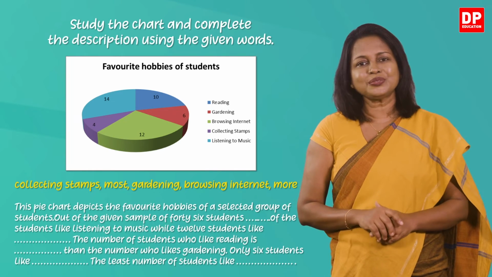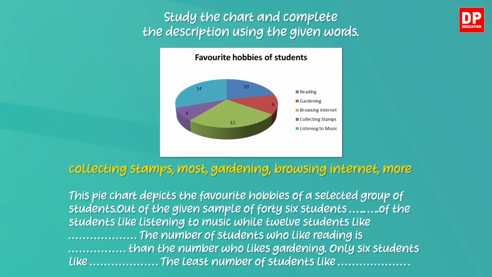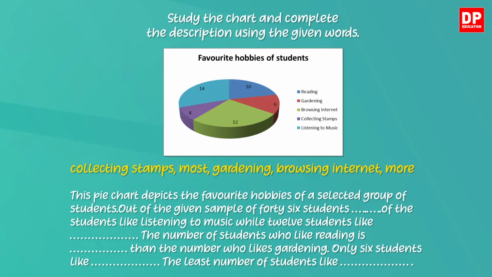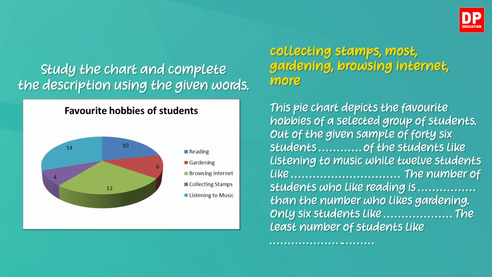Pause the video and do it now. Okay, let's see how you have done it. Let's go through the answers first. You have collecting stamps, most, gardening, browsing, internet and more.